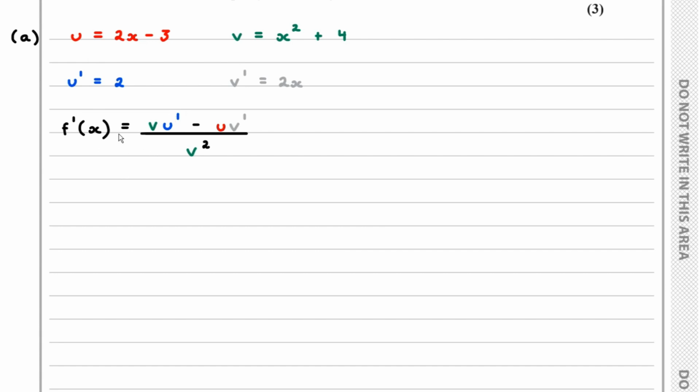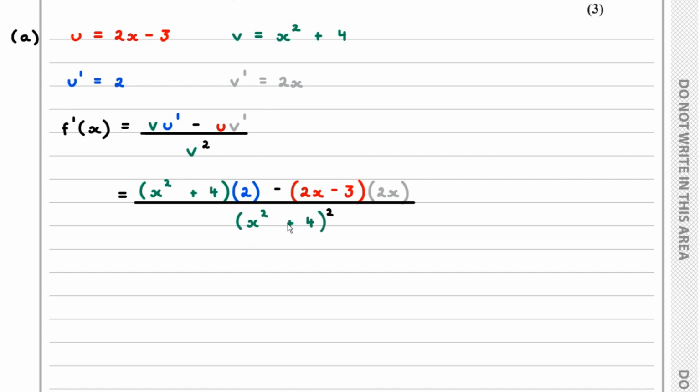So, we have v, which is x squared plus 4, multiplied by u dash, which is 2, subtract u, which is 2x subtract 3, multiplied by v dash, which is 2x, and we divide this by v squared, so we divide by x squared plus 4 squared.